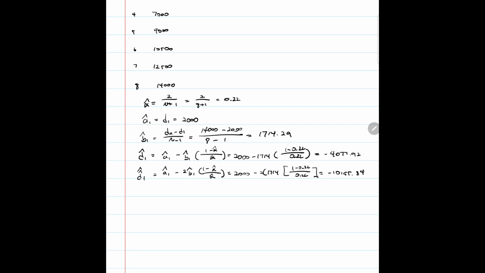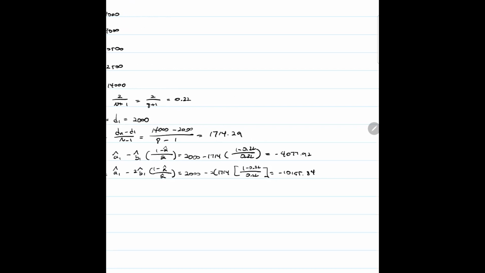So I constructed some data into the Excel. So what we need is the alpha hat, which was 0.22. Initial value we calculate is negative 4.92, and for double hat, so alpha dt is simply actual demand times the alpha.